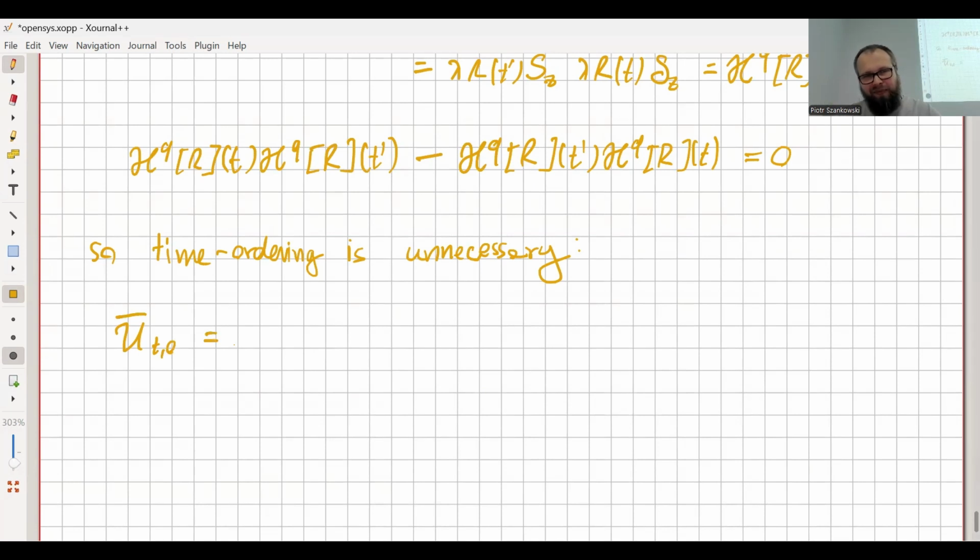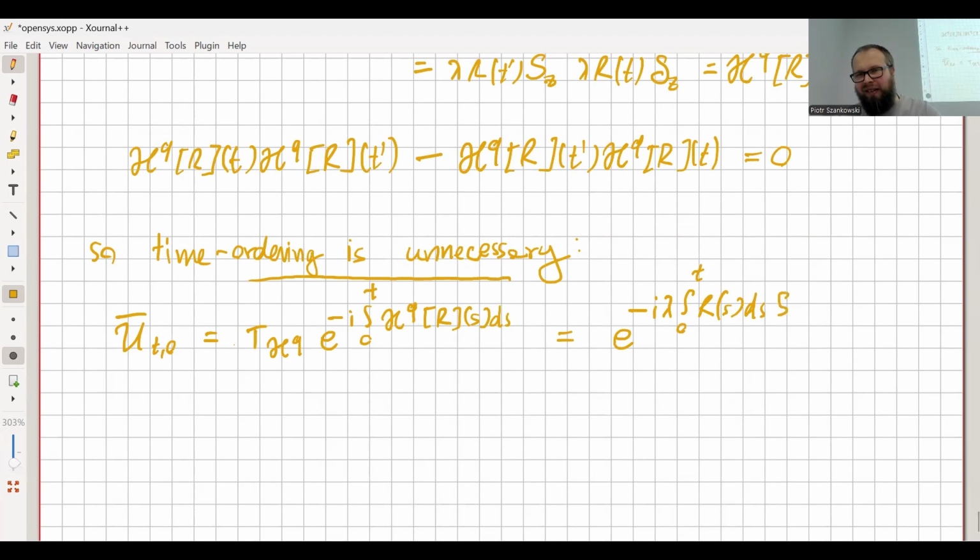So in other words, this time-ordered exponential of minus i integral from 0 to t of H_R dt prime, averaged, simplifies to simply the average of the exponential of minus i lambda integral of R S_Z. Is it clear? Because it commutes, the time ordering does nothing here.